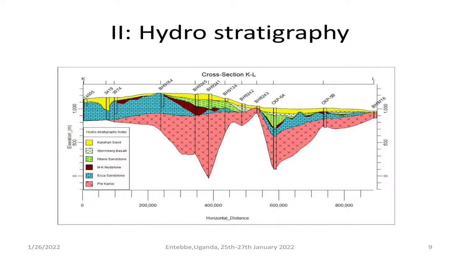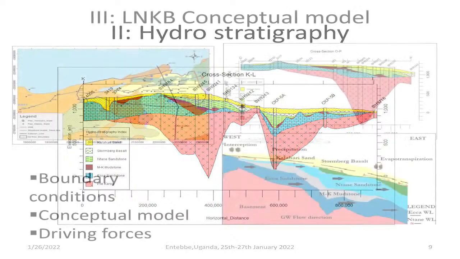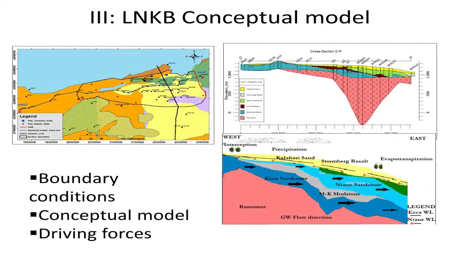The Ntane and Eka sandstones were found to be the main aquifers in the area. But the mudstone and the Stormberg basalt were aquitards. There were no flows observed in those lithological zones. Next, please.